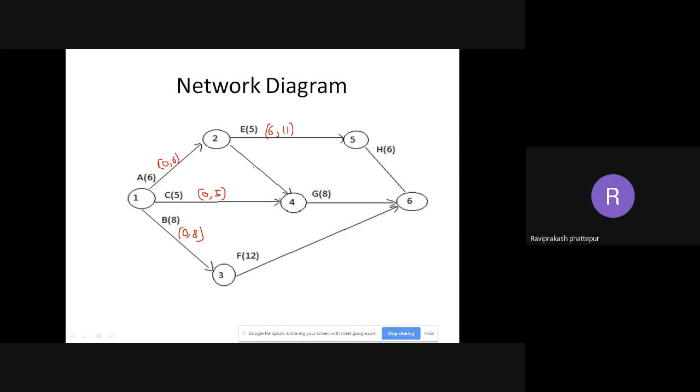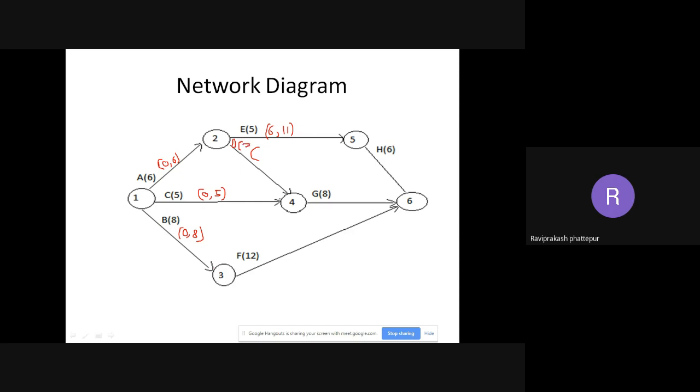That is H. So coming to this one, again, this will start. Okay, this particular activity. Which is this activity, 2 to 4? 2 to 4 I have not written. 2 to 4 is D. What is the duration for D? Duration for D is 3.